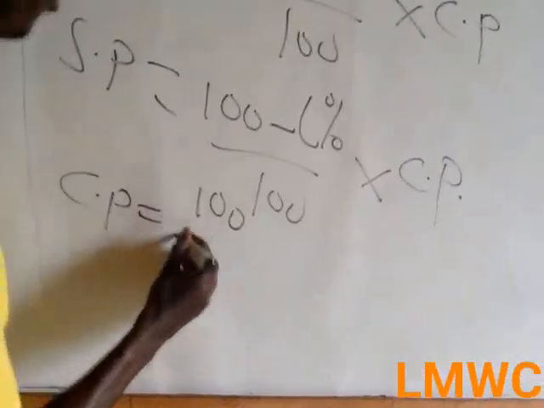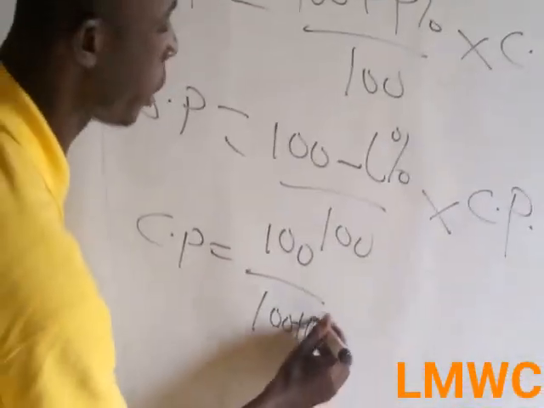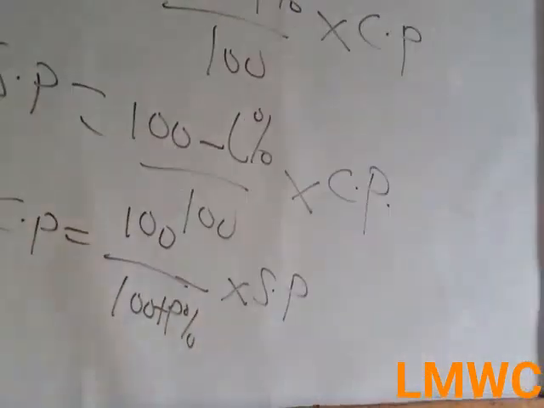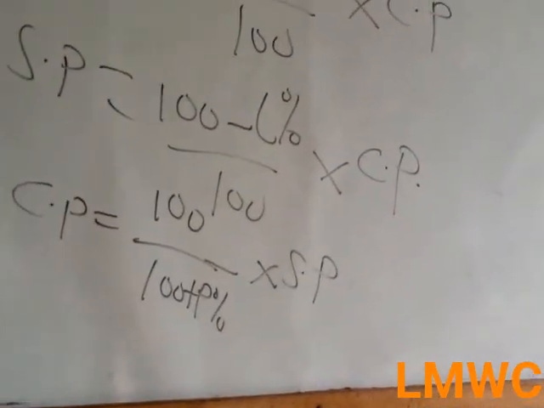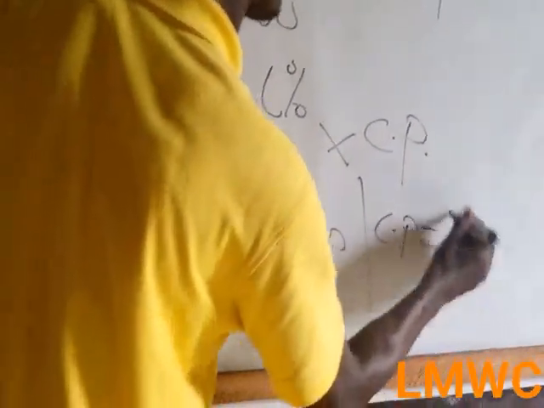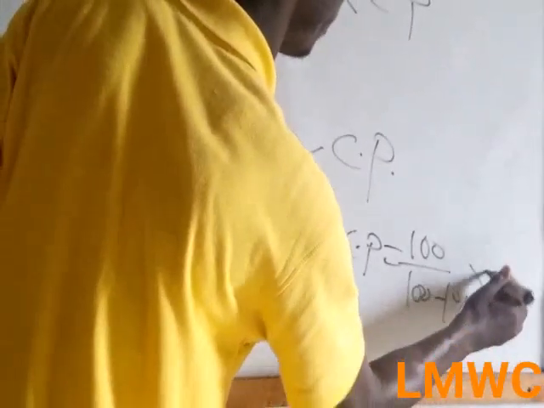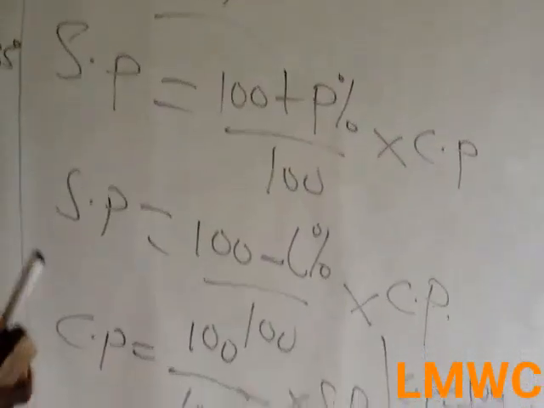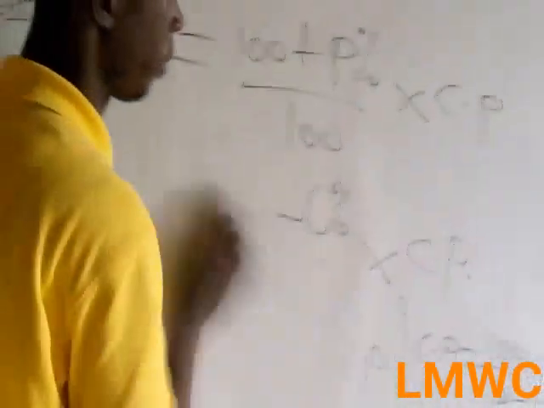And cost price too is 100 over 100 plus P percent times selling price if you are given profit percent. Also, if you are given loss, it becomes 100 over 100 minus L percent times selling price. Take note. But we want the first one.